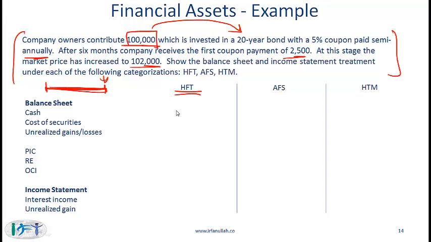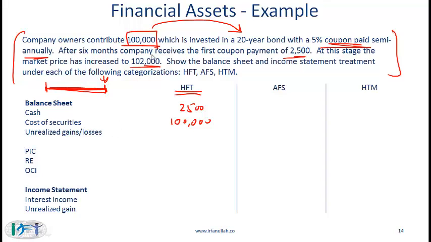The cash at the end of 6 months is going to be 2,500. This is the cash that we receive from the coupon payment. So the cash is going to be 2,500. On the balance sheet, we show the cost of the security, which is 100,000, plus the unrealized gain or loss.